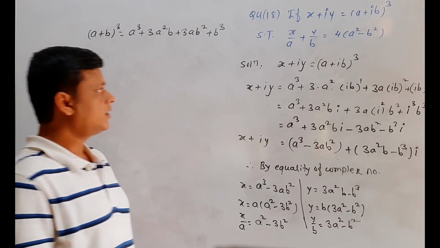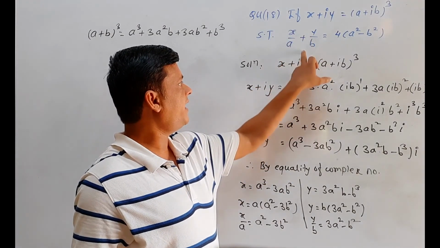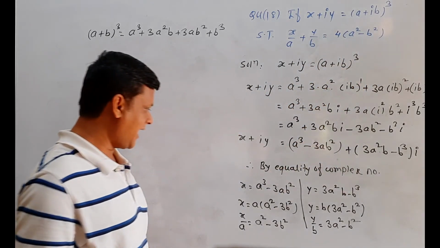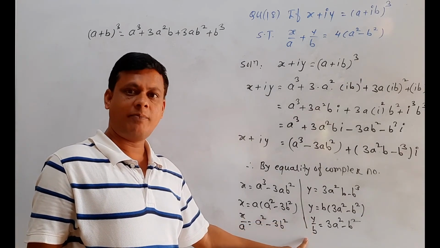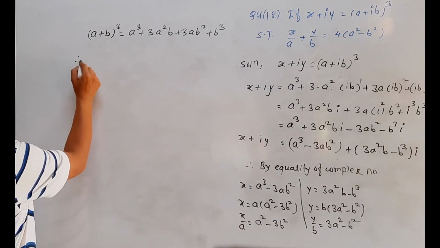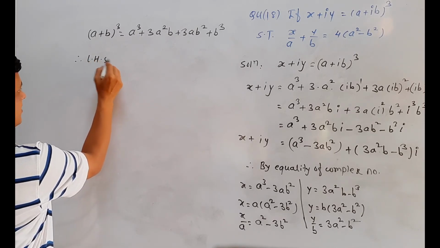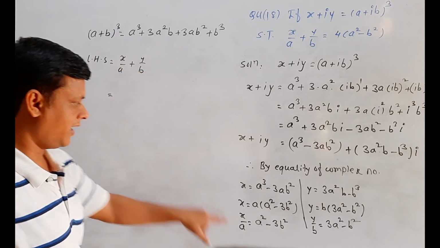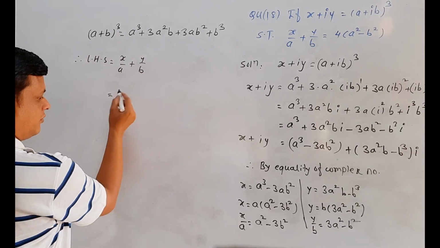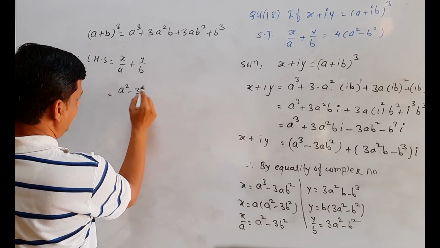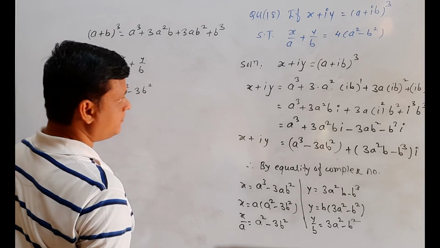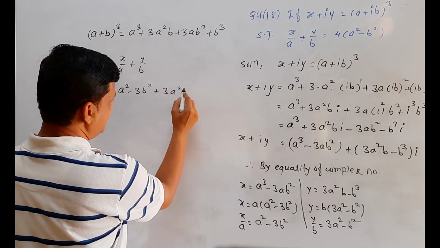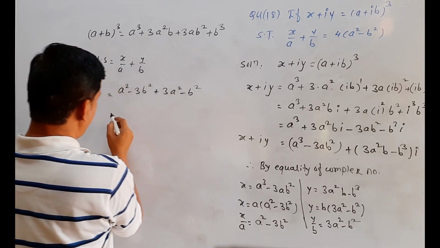Now we have to show here x by a plus y by b equals 4 times (a squared minus b squared). That means we have to add this x by a with y by b. So we write here, therefore LHS equals x by a plus y by b. So we substitute the value of x by a as a squared minus 3b squared, then y by b as 3a squared minus b squared.